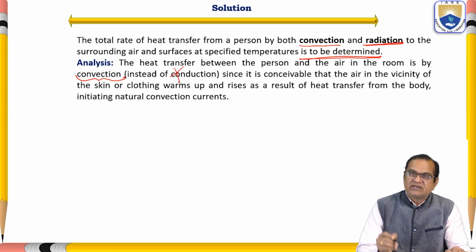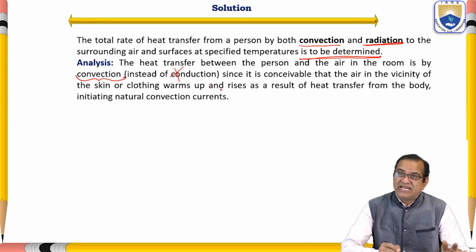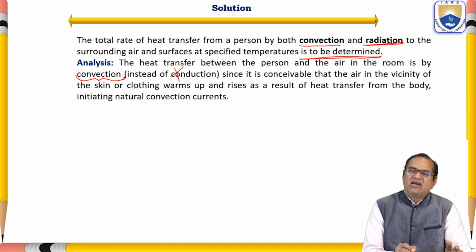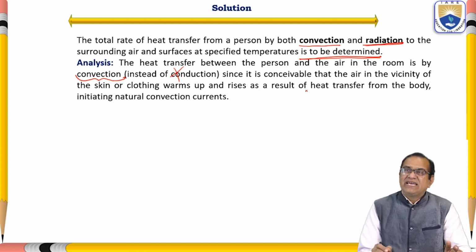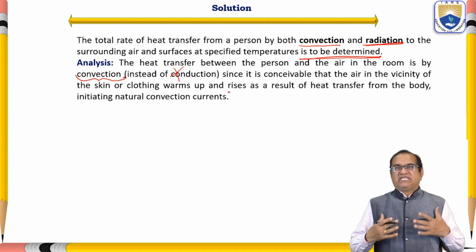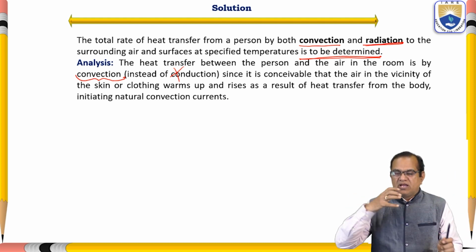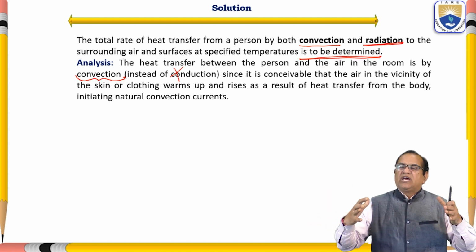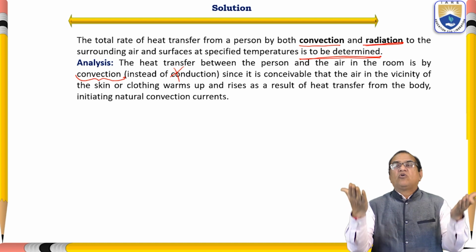Conduction we should not take, since it is conceivable that the air in the vicinity of the skin or the clothing warms up and rises as a result of heat transfer from the body, initiating natural convection current. So if the body temperature is higher, the heat will go to the air and the temperature of the air surrounding the human being will go up.